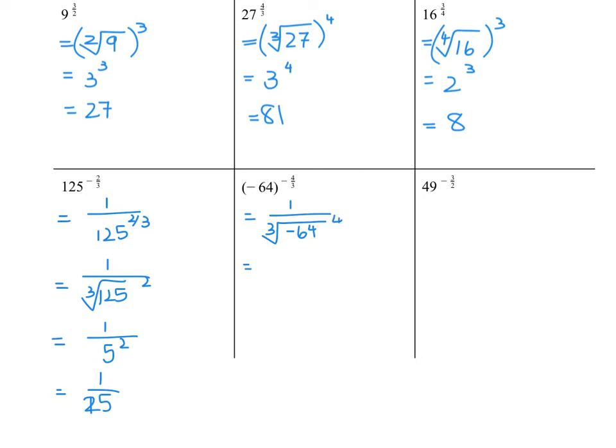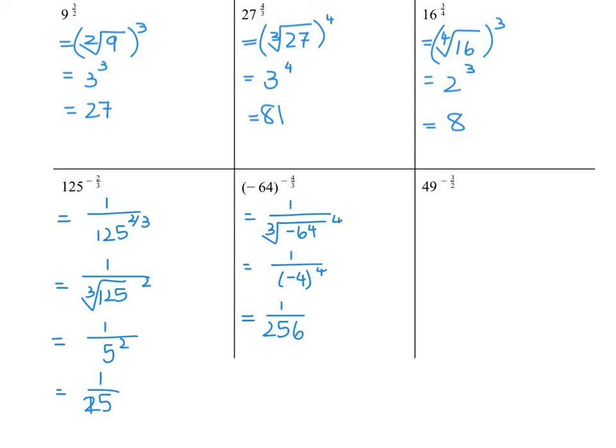So for the cube root of negative 64, I'm asking myself what to the power of 3 gives me negative 64, and that number is negative 4. And then I will raise negative 4 to the power of 4. And my answer, 1 over 256.